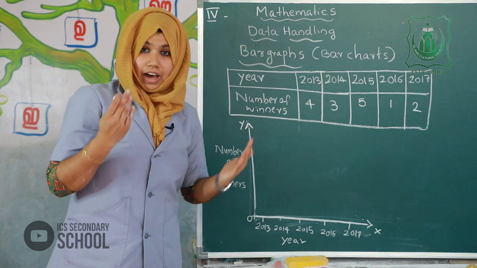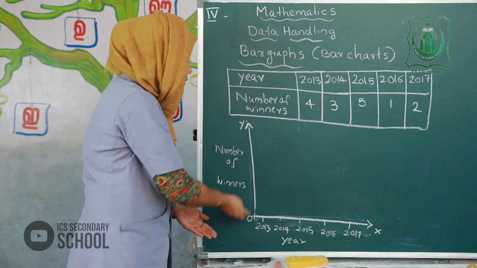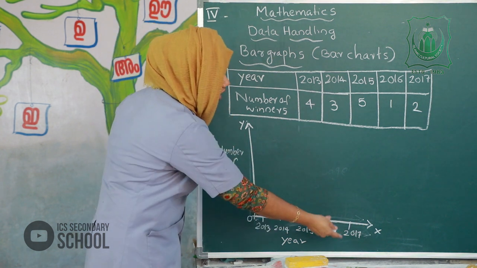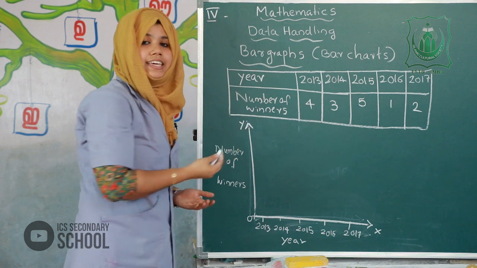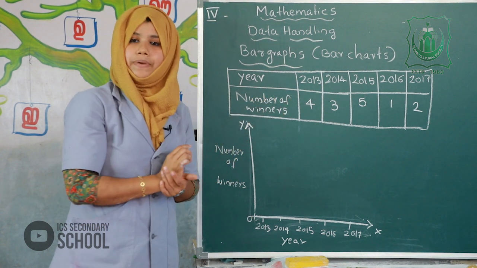So, a bar graph consists of two lines, that is horizontal and vertical line. In the horizontal line, we write the years. In the vertical line, write the number of winners.